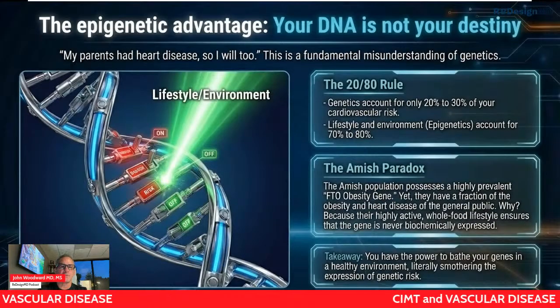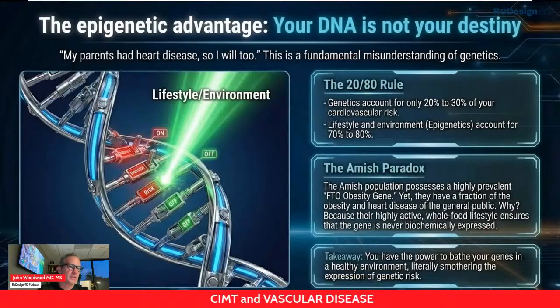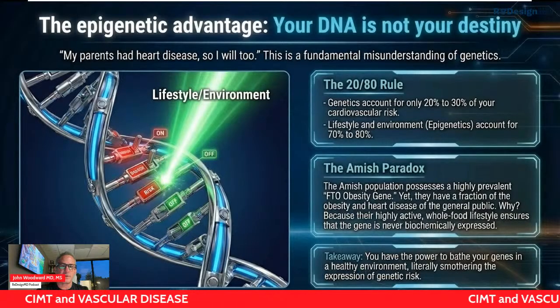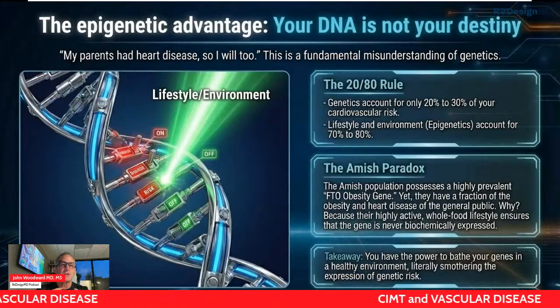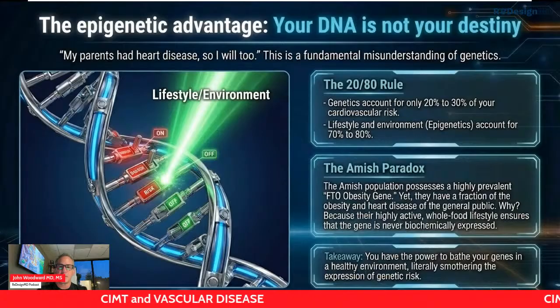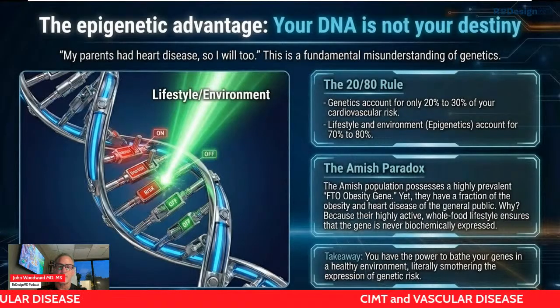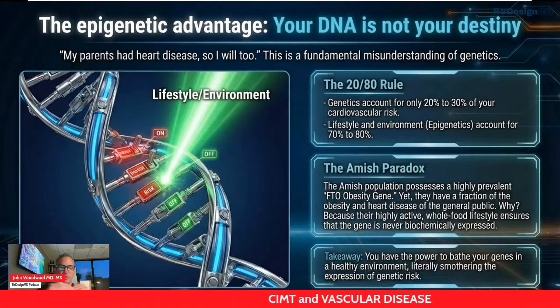So let's look at your environment, your lifestyle and your environment, your genes and your environment. So yes, genetics account for 20 to 30% of your vascular disease. Some people have much more severe disease, and we can measure some of those vascular genetics, like 9p21 and several others, ApoE4. Those are things that increase your vascular disease risk.